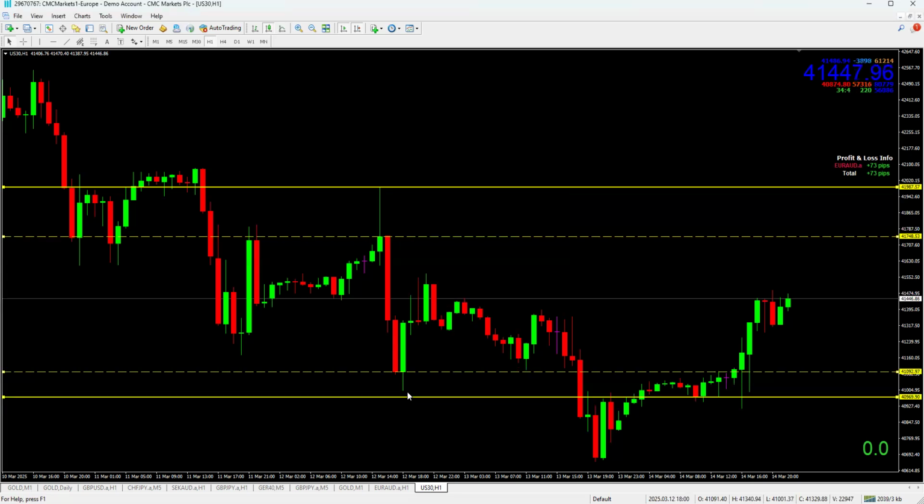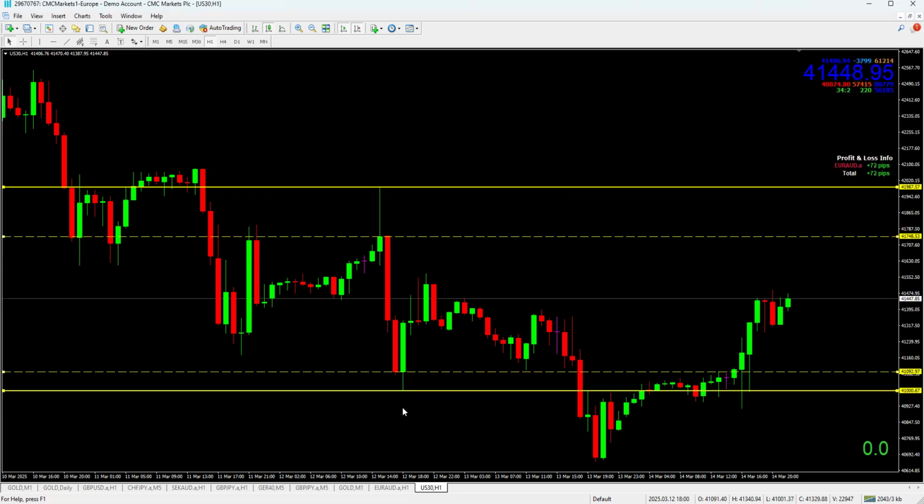The solid lines, which is the very low of the candles there, is structure. You can see here, because the wick is very little, structure and support are very close to each other.